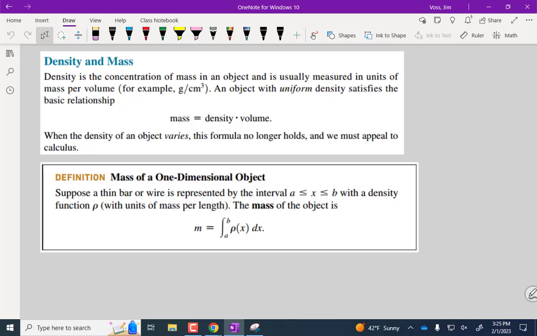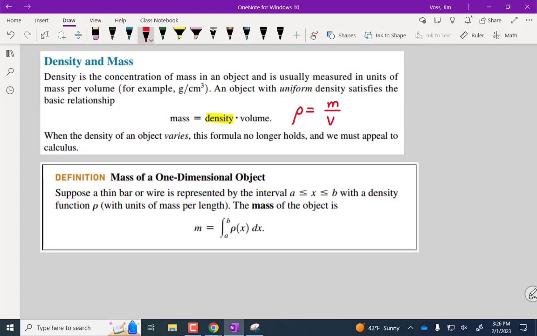Typically, when you hear density, you are thinking of mass per unit volume. Density, we use the Greek letter rho, and we do mass divided by volume. So that's the classic kind of thinking of density as coming from volume.